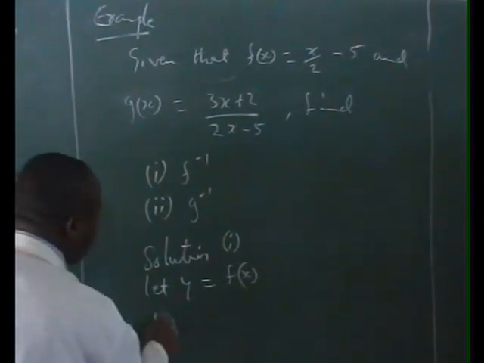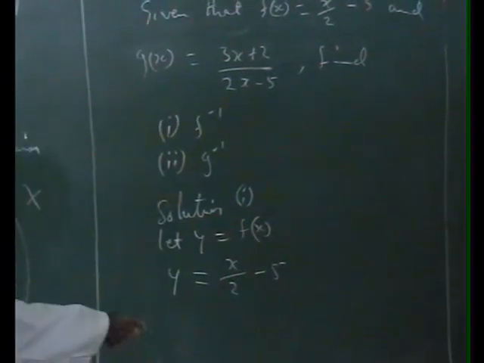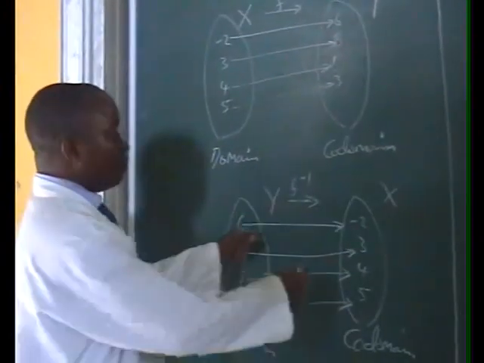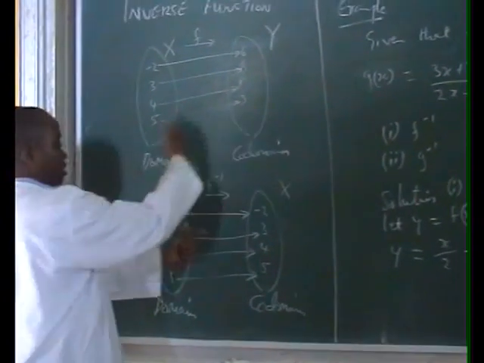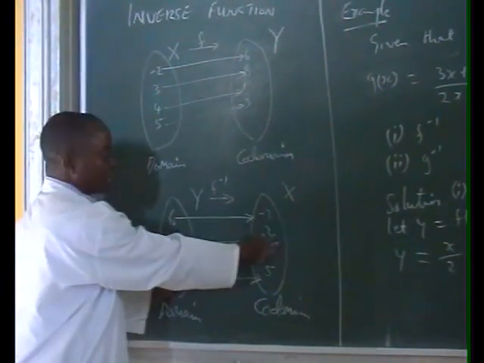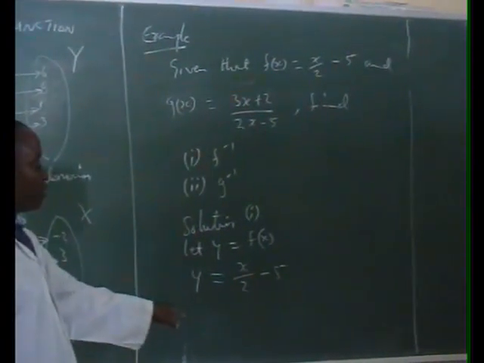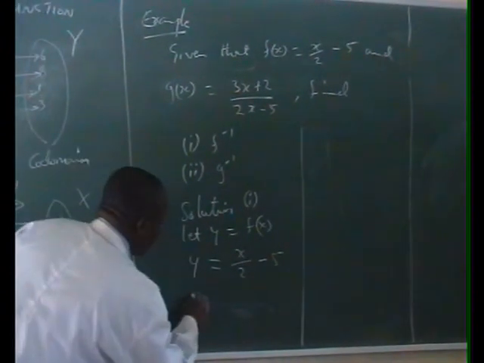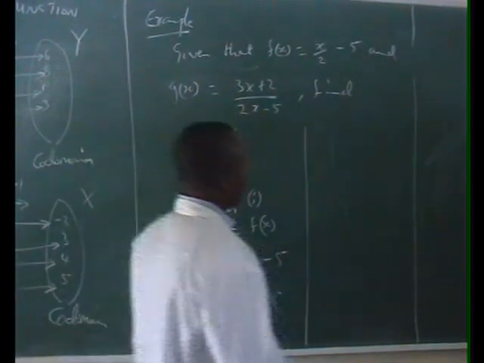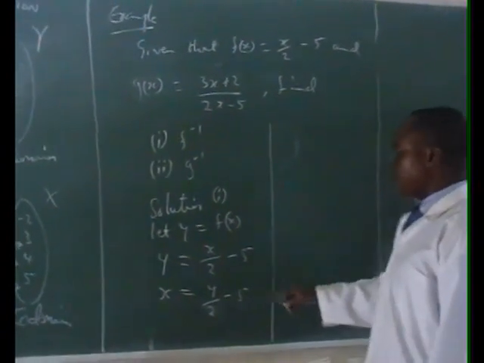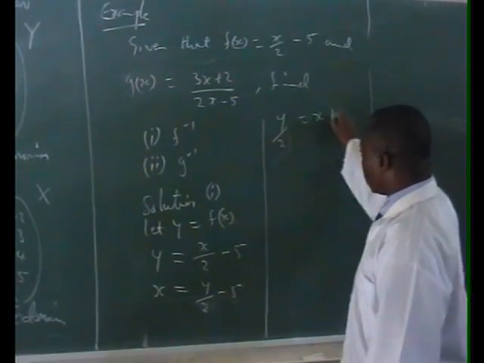So we can have that y is equal to x all over 2 minus 5. Now, look at this. From the way we turn this thing, this one was like this. And then we turn it and put y this way and put x, set x this way. So that is the same thing we are going to do here. We are going to replace, okay, so we'll have x is equal to y all over 2 minus 5. Now, here we are going to have y all over 2 to be equal to x plus 5.